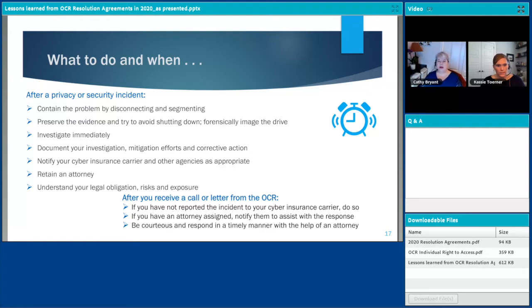If you ever receive a phone call or a letter from the Office for Civil Rights, again, you need to take these very seriously. If you have not reported the incident to your cyber insurance carrier, you need to do so. If you have an attorney assigned already, you need to be sure and let them know that you've received a call or a letter and allow them to help you develop your response to the Office for Civil Rights.